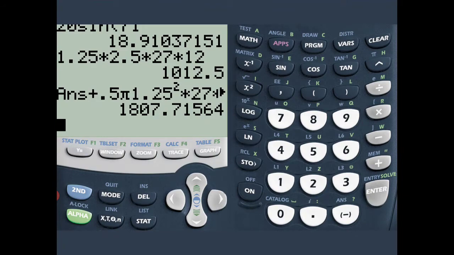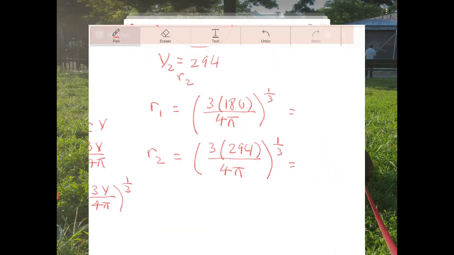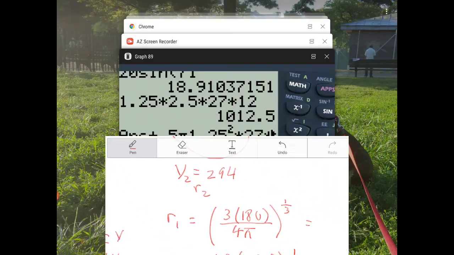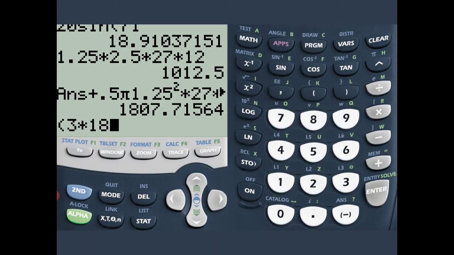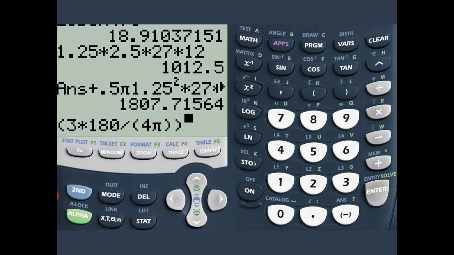So I have, open parentheses, 3 times, what was that figure again? It was 180, times 180 divided by 4 pi. Close parentheses, to the power of 1/3. And press enter.